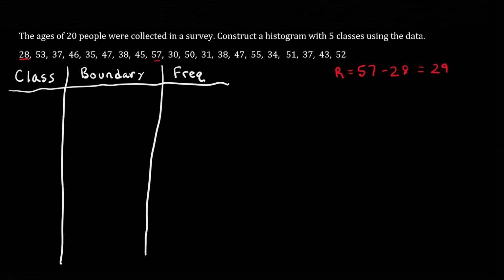Now that we've found the range, we can use it to find the class width. So the class width is just the range divided by the number of classes we want. So the width is the range 29 divided by 5 classes, and we get this to be 5.8.